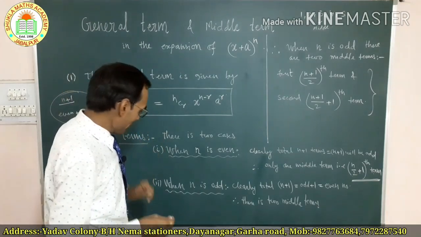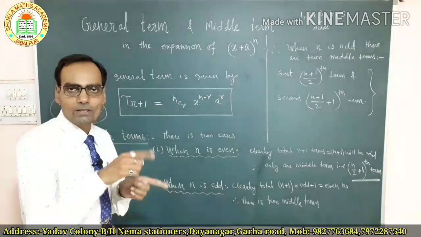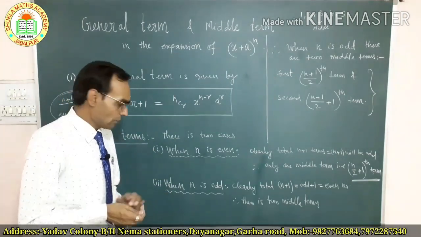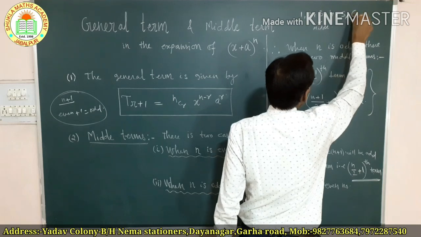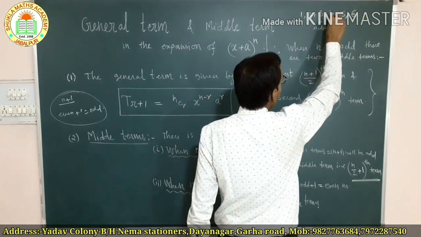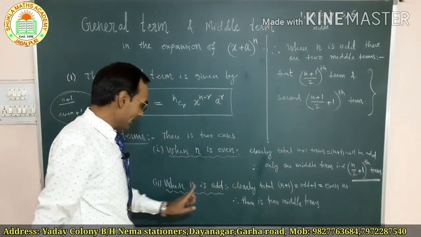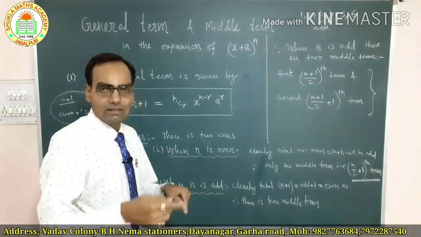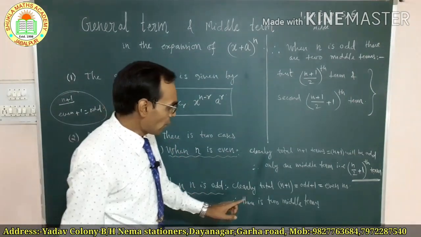Now the second one is when n is odd. So n is odd, and n + 1 becomes even. Suppose I take one more number, 6, so it becomes even, and the middle terms are 3 and 4. Similarly, when n is odd, n + 1 is odd plus 1, which becomes even, and there are two middle terms.